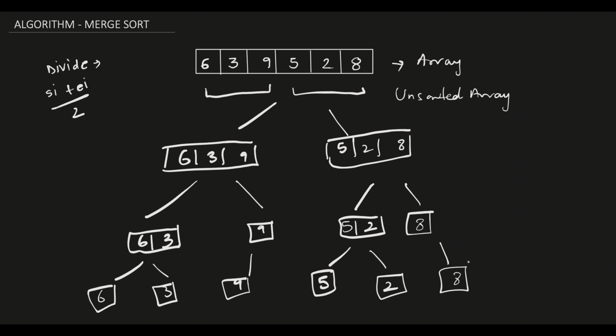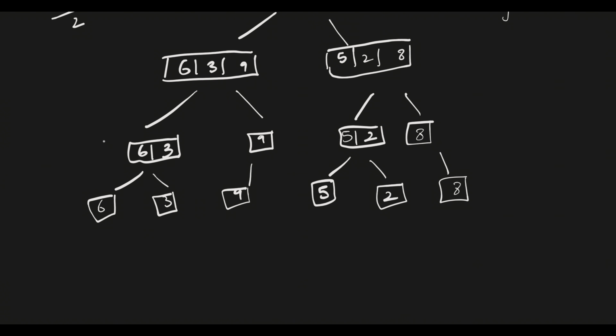Step 1 is divide, and we will now move towards conquer, step 2 in this divide and conquer technique. We conquer the elements by merging all these elements with the sorting technique. So we sort it like this: in 6 and 3, the smaller one is 3, so 3 and 6. Then I compare it with 9, and 9 is the larger one.